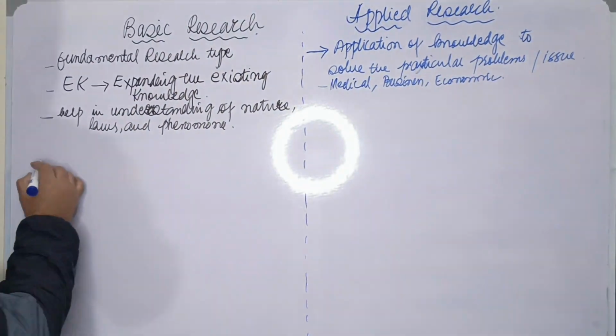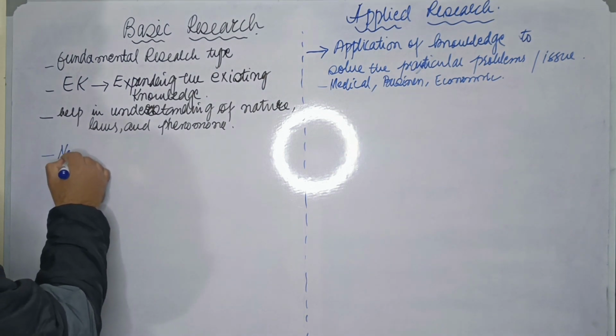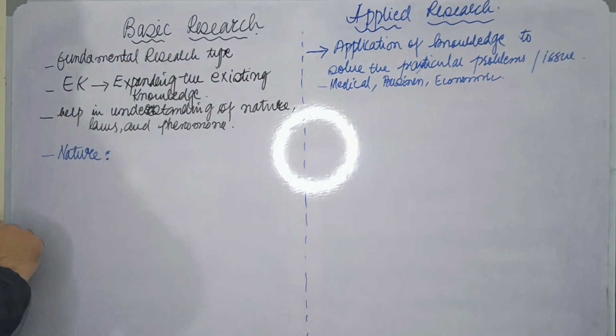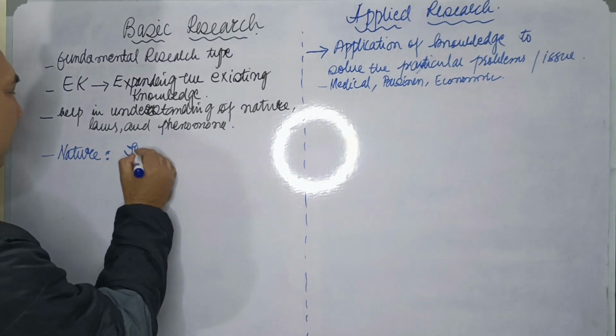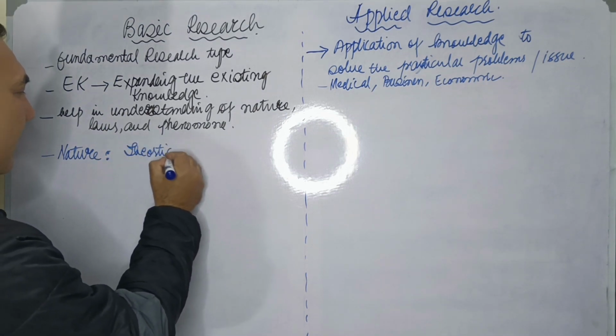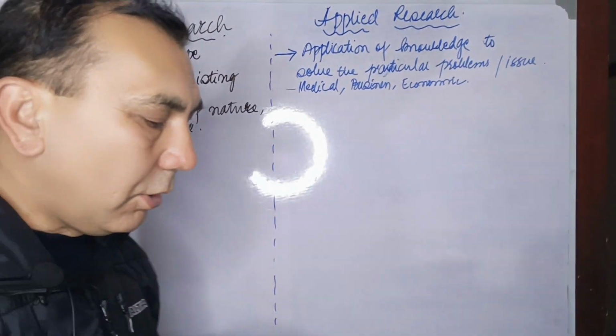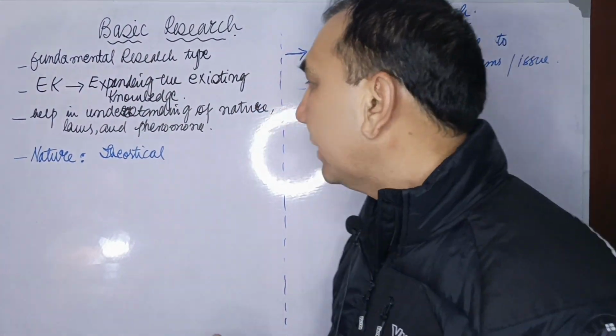Now the second point: the nature of basic research is mostly theoretical. How is the nature of basic research theoretical?